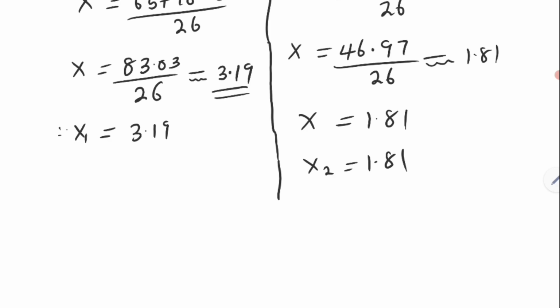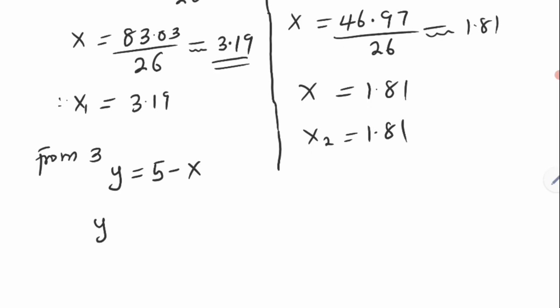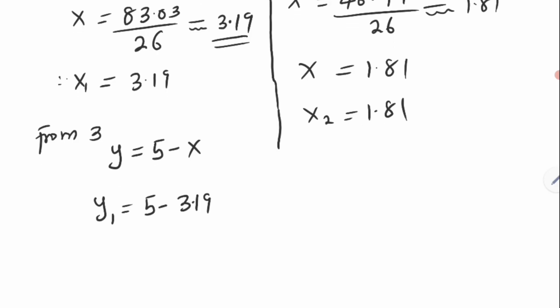Let us solve for Y1 and Y2. From equation 3, Y is equal to 5 minus X. Now, Y1 is equal to 5 minus X1, which is 3.19. Then Y1 is equal to 1.81.